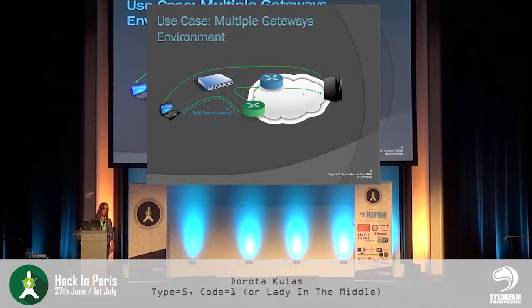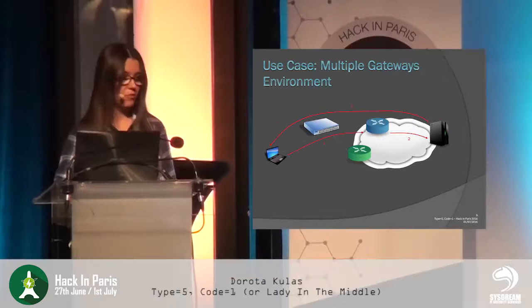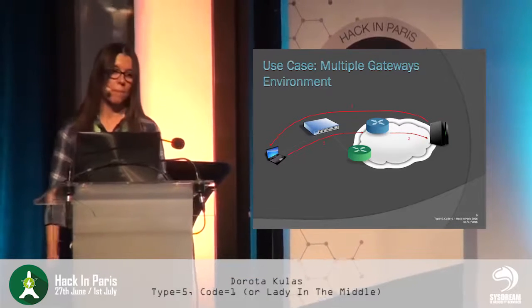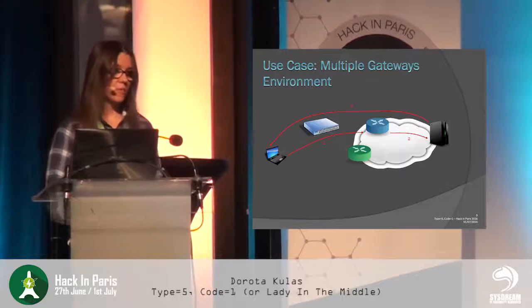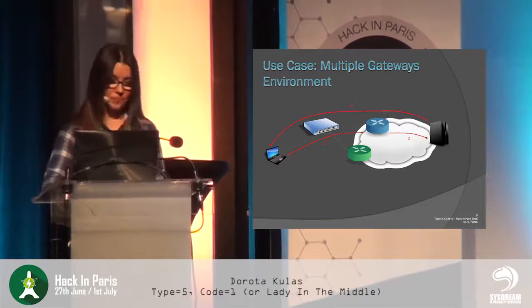So it sends the packets to the blue router, but at the same time, the green router will send an ICMP redirect message to the host, so that the host knows it can skip the green router altogether because it's not needed. It can send the message directly to the blue router. So the communication from now on looks like this. And that's what this ICMP redirect packet does.